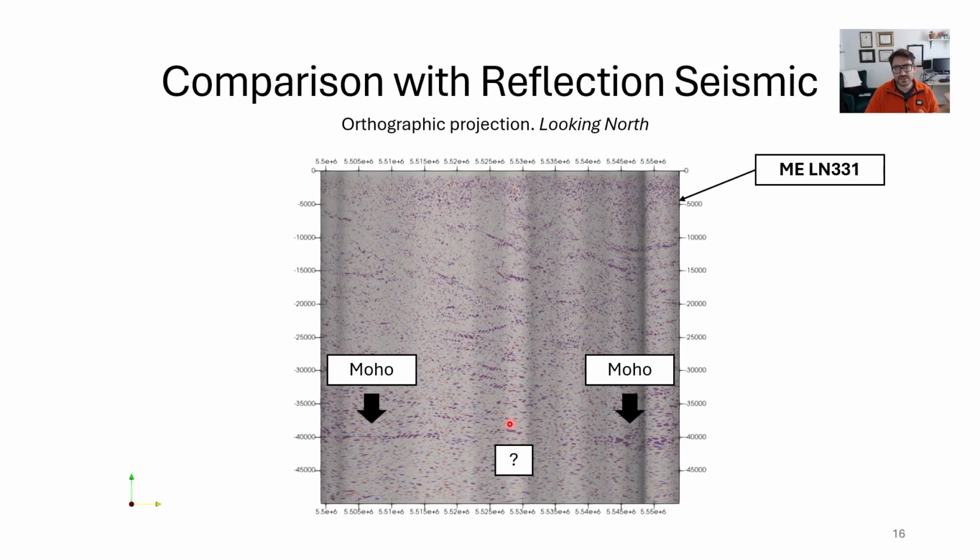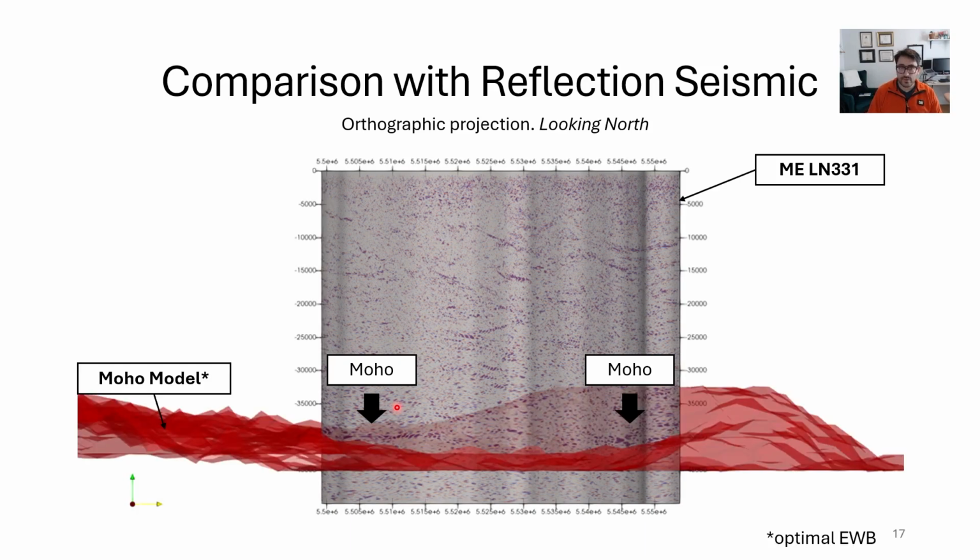In the middle, it becomes a little less clear, and it could be interpreted as a change in the depth of the Moho or noise. But when we overlap the results from our modeling, you can see that it does seem to conform very closely to our model depths in here and here. However, in this part here where information is lacking in the reflection seismic, it looks as though the Moho has been modeled as continuous through here. So there's no pronounced change.